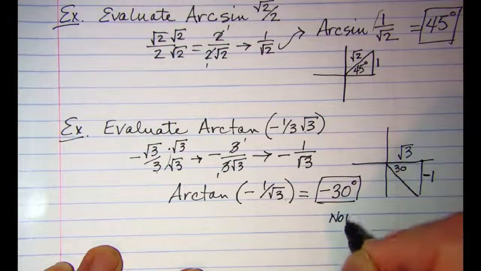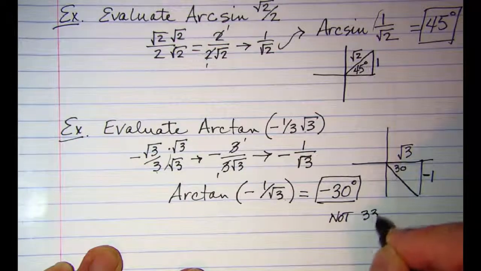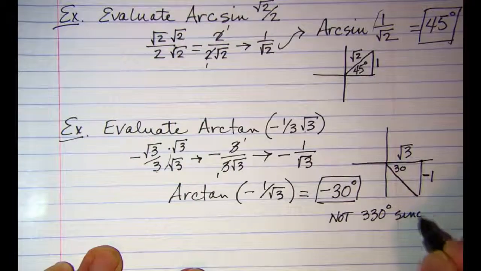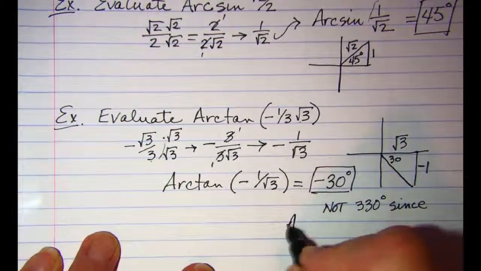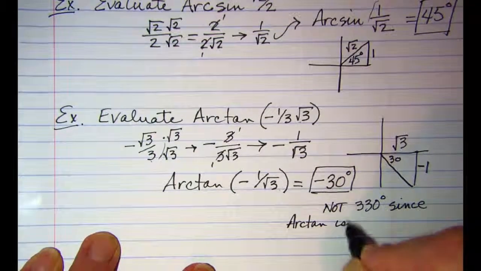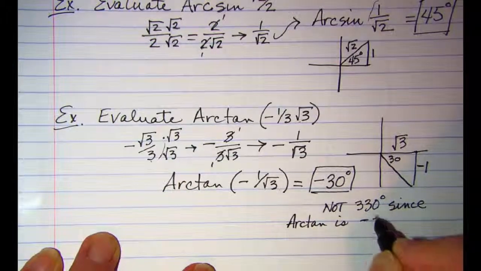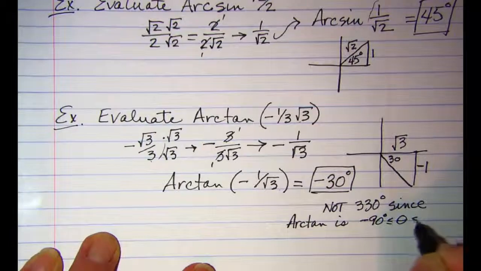And let's just make a note that that's not 330, since arctan is between negative 90 and 90.